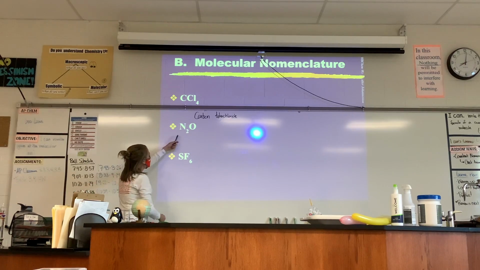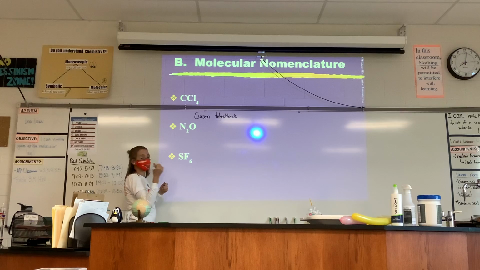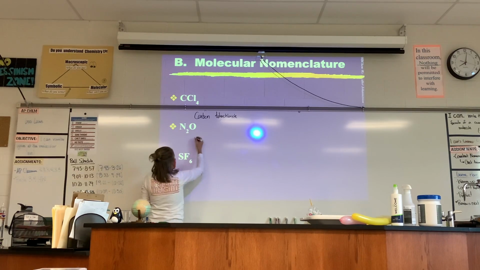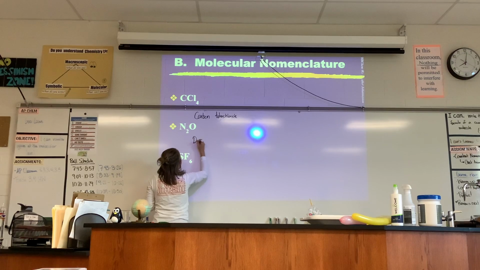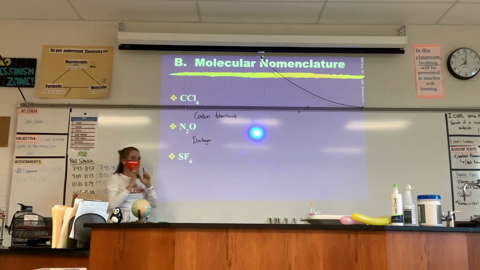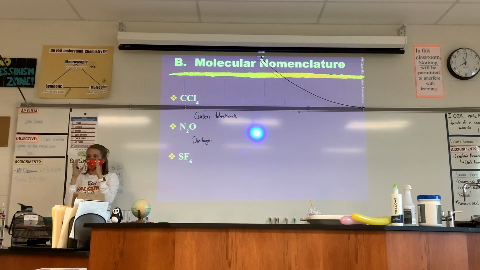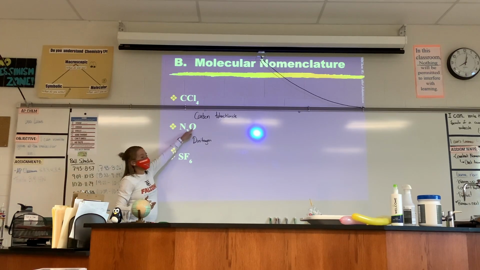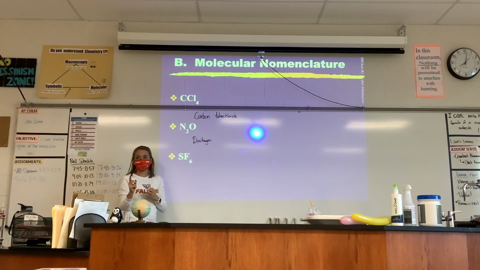So N2O, so N is nitrogen, prefix for 2 is di, so we're going to write dinitrogen. And notice, I know these words are weird, but they are all one word. It's not like 2 separate things. Okay? O is oxygen. I have one of them, so the prefix is mono.